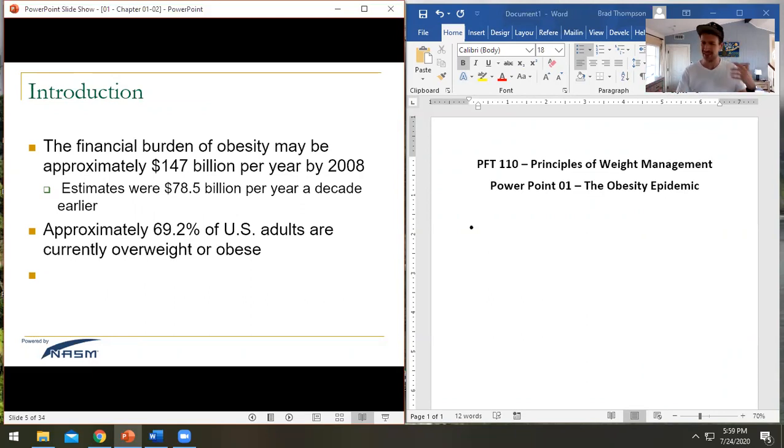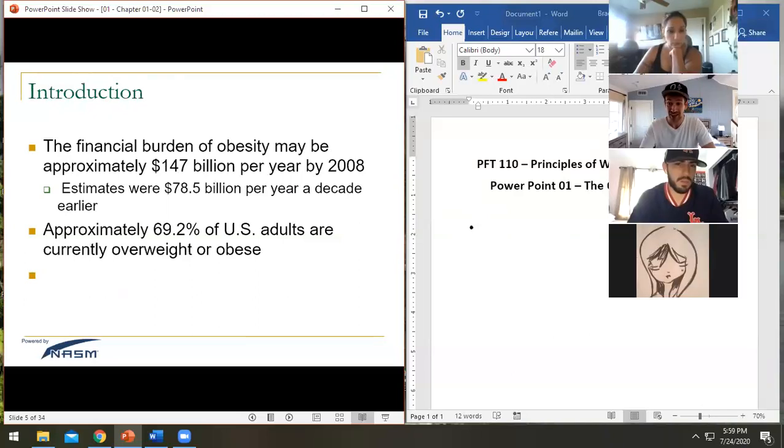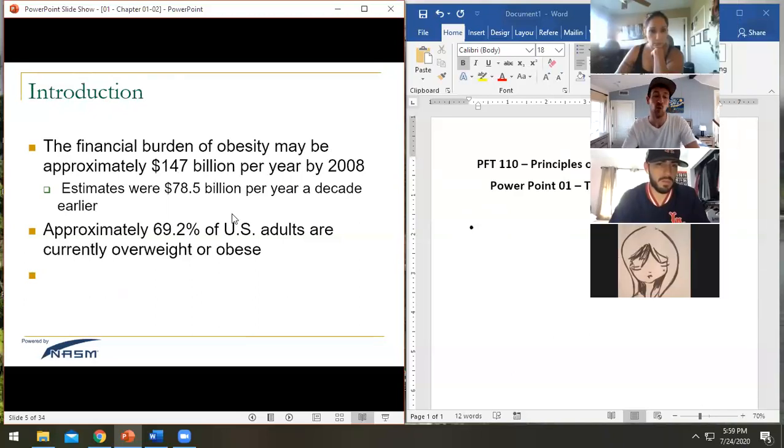But I love that they add this in here actually. There's also a financial burden of obesity, right? The financial burden of obesity is approximately 147 billion per year by 2008. That's crazy, right? That's a ton of money. Think about that, people spending money on diseases that could have been prevented. But it's also money that goes to people taking sick days.